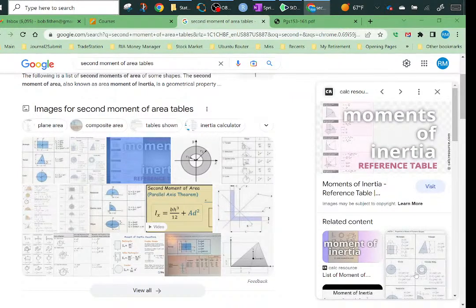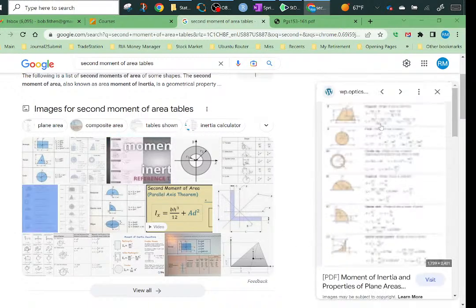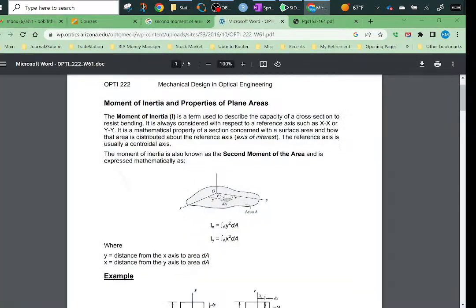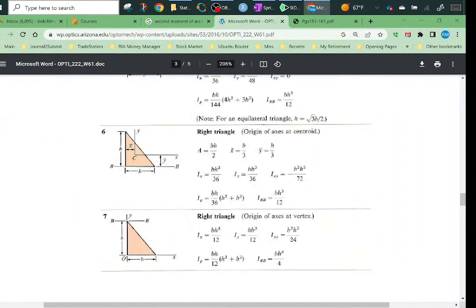I don't know. Let me just try this one. Okay, this one looks like it has more pieces of information. Okay, yeah, so this one.